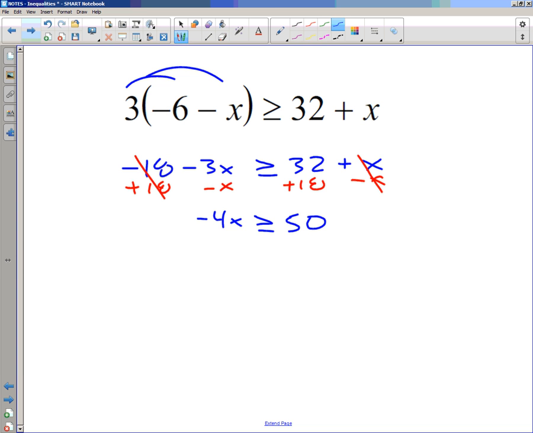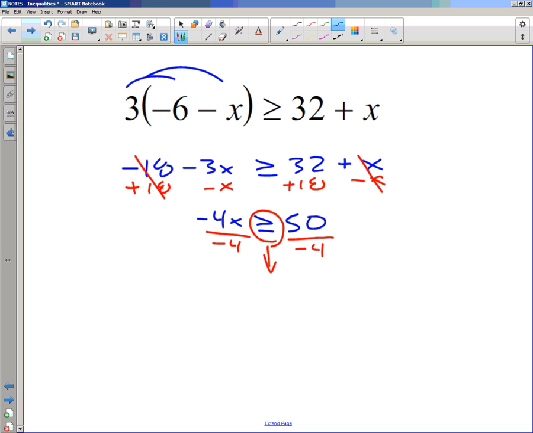One final step and we'll be finished here. We may have to simplify our answer, but to get x by itself, all we need to do now is to divide by a negative 4. Now we're dividing by a negative, which is going to cause our sign to flip.